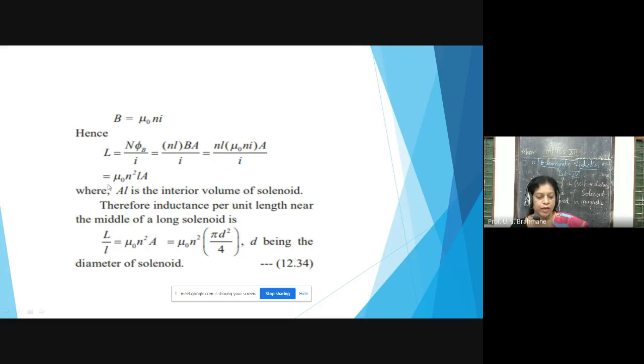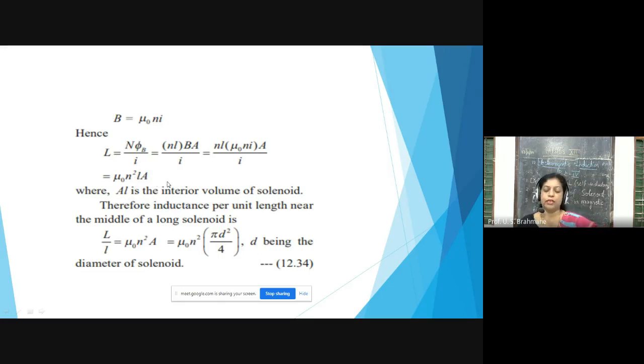So L is equal to mu 0 n square LA, where AL is the interior volume of the solenoid. Now A is the area and L is the length, so it becomes the volume.